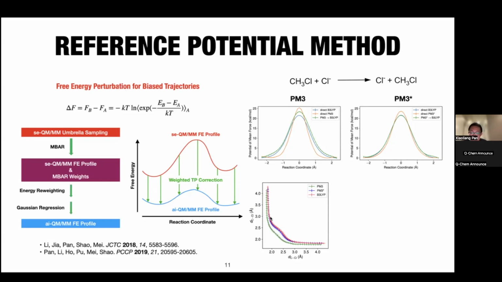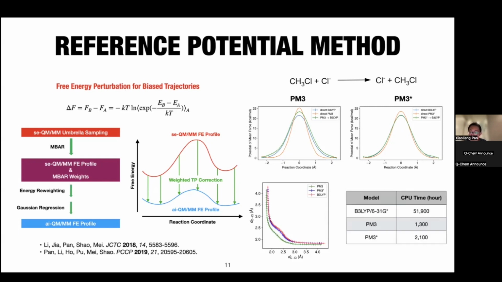And also, this is a similar story. We also have a good sampling of the pathway. And since this is a reparameterization, it doesn't add any additional calculation during the simulation time. So we just pay a small cost to do the reparameterization.